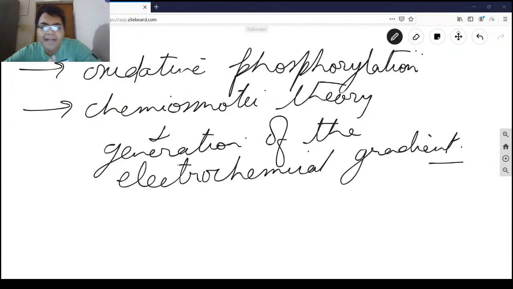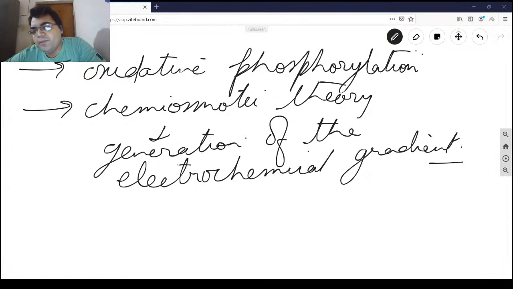Now talking about the mitochondria. We are all aware that the mitochondria have two membranes. The outer mitochondrial membrane is readily permeable to small molecules and ions, which can move freely through the membrane channels.